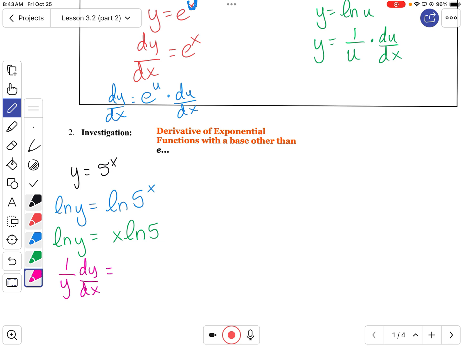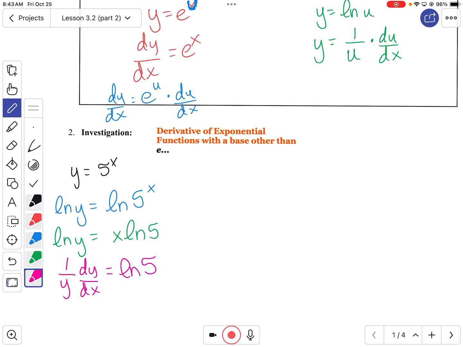So what would be the derivative of x that has a coefficient of the natural log of 5? The derivative of x is just going to be 1, but we have to keep that coefficient, so it leaves me with ln of 5, because that's just a number.